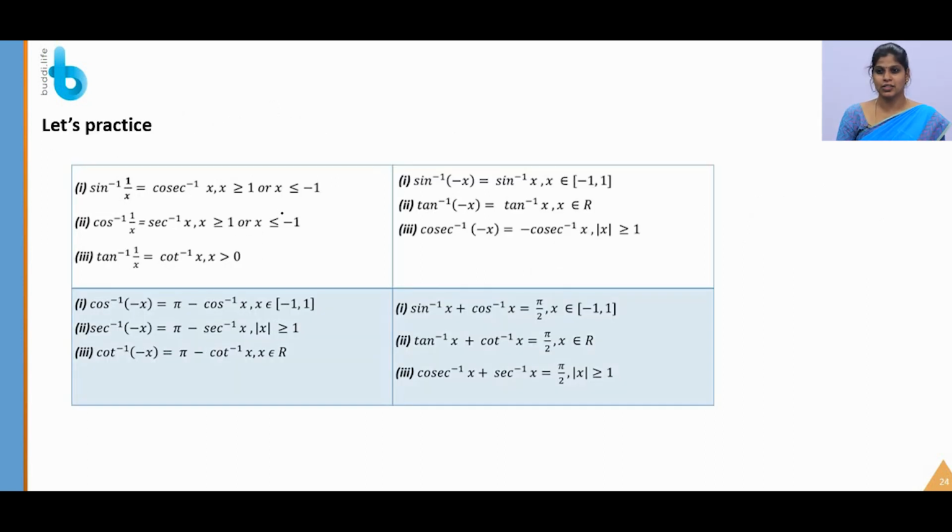So guys, these are the properties we learned in this class. Learn these properties by categorizing according to the angle.